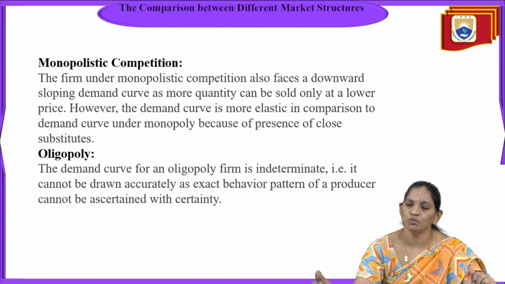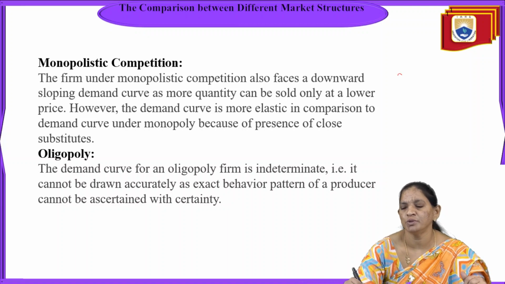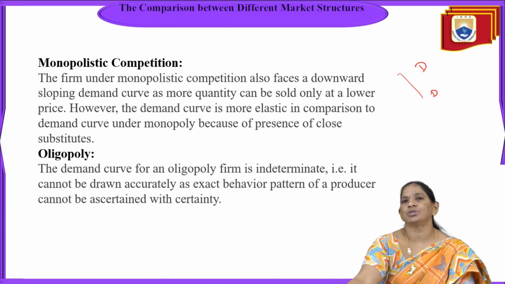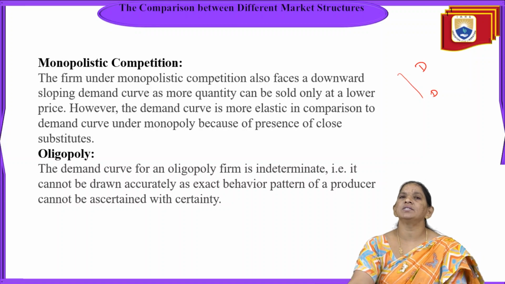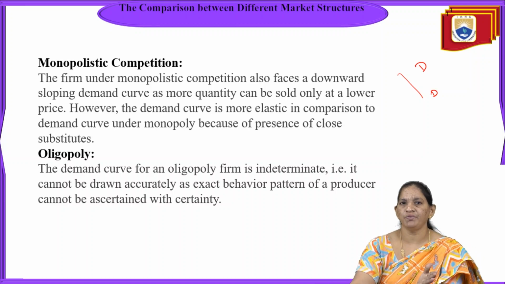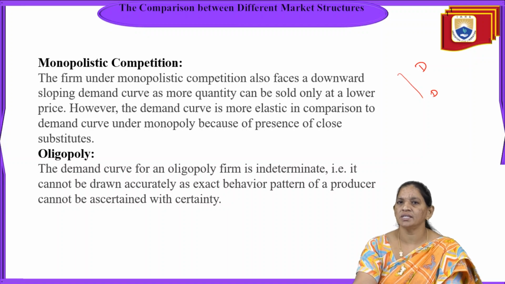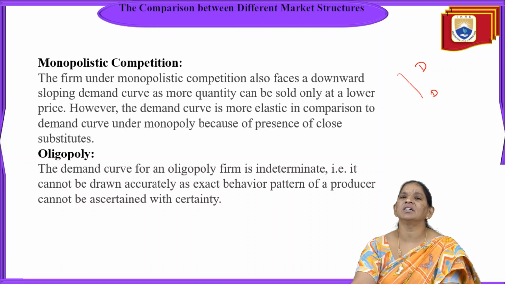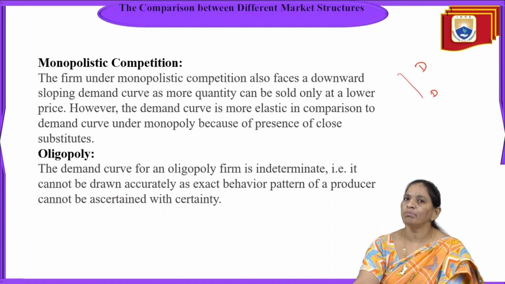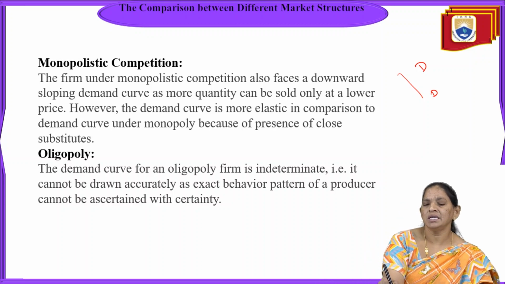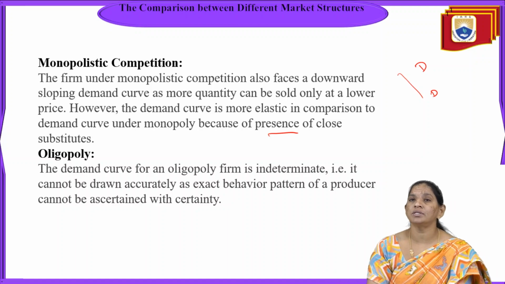Monopolistic competition will also slope downwards, meaning from top to bottom the demand curve slopes downwards. When product differentiation is there, lowering the price will create more demand for the goods and services. That's why the demand curve is more elastic in comparison to monopoly, because it has the presence of close substitutes.